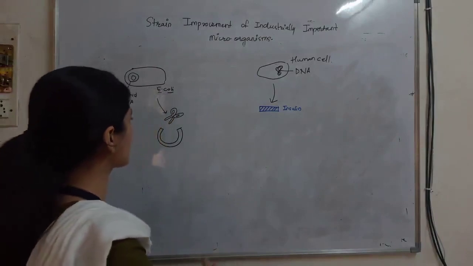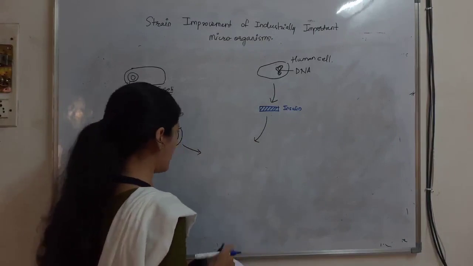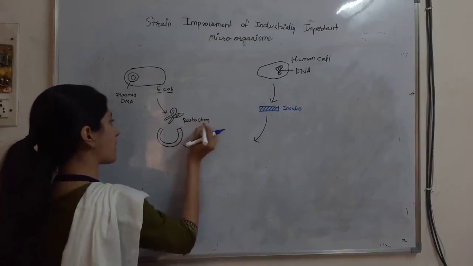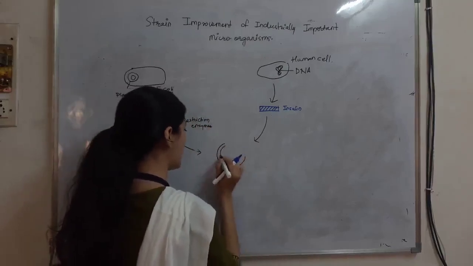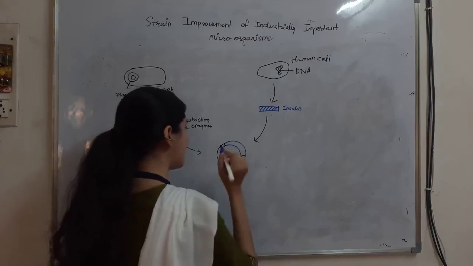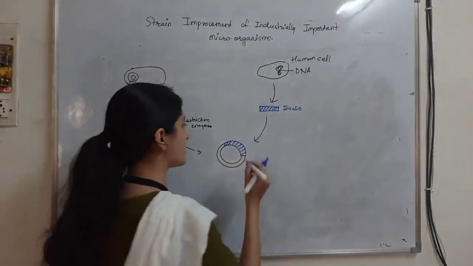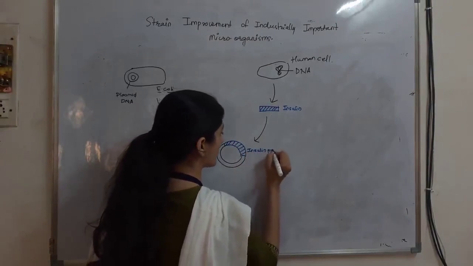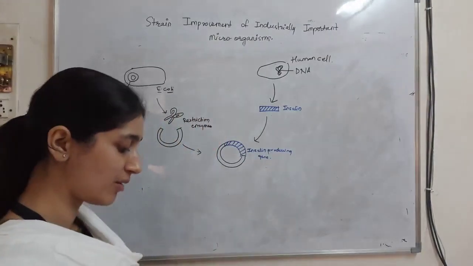Now, after cutting both of these with the restriction enzymes, with the help of ligases, we can form a plasmid DNA molecule which has human insulin producing ability.